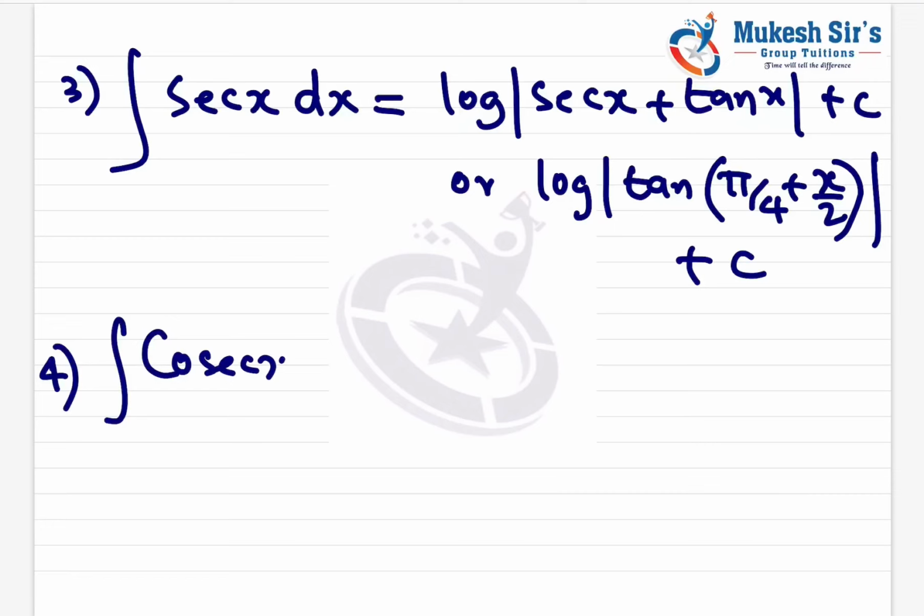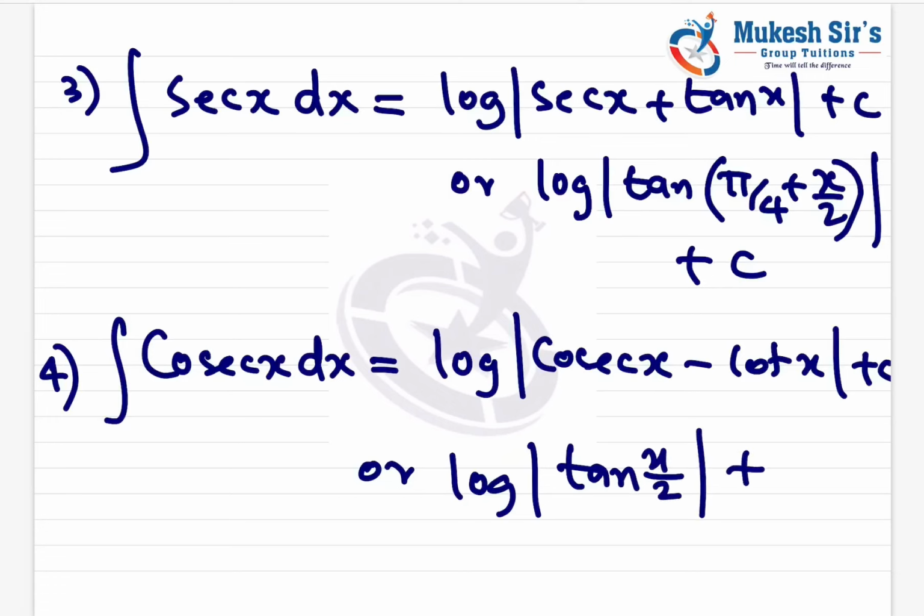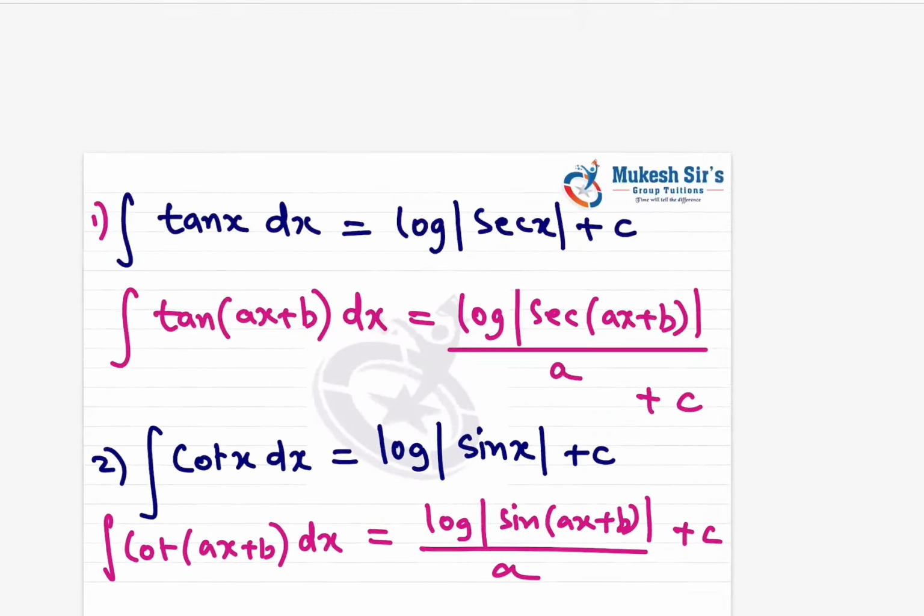Integration of cosec x dx is equal to log of mod of cosec x minus cot x plus c, or log of mod of tan x by 2 plus c. In both of these also, if ax plus b comes in place of x, then in the answer also write ax plus b in place of x, and divide the answer by the coefficient of x. Clear? We solve sums based on these formulas now. So we solve a few problems on that.